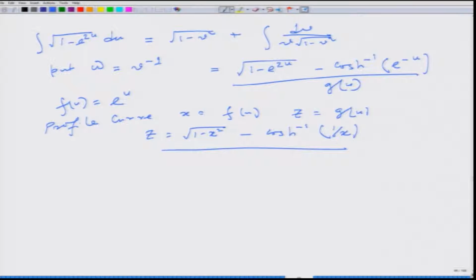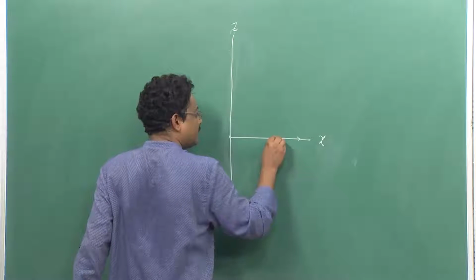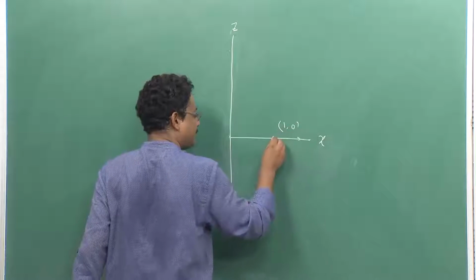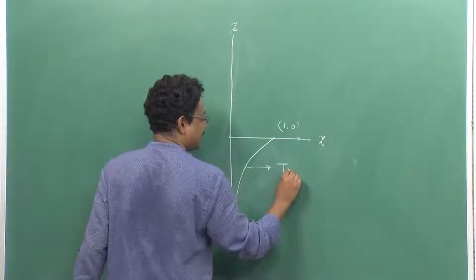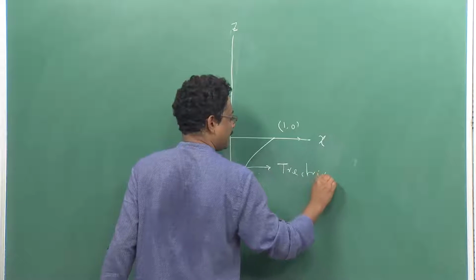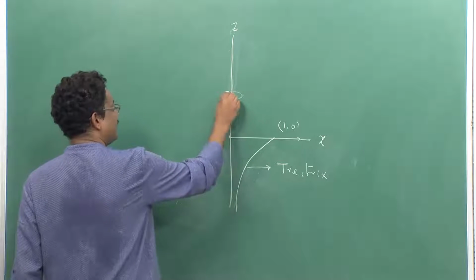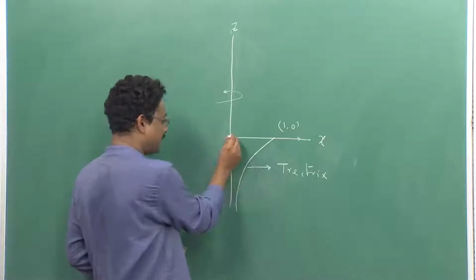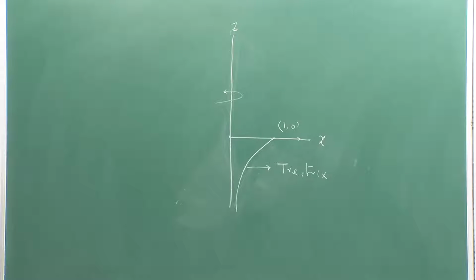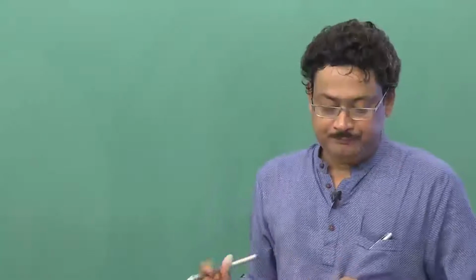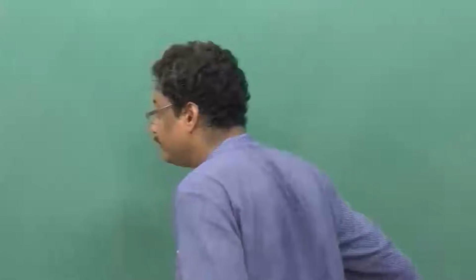So this curve passes through (1, 0) in the xz plane, and such a curve has a name, it is called the tractrix. I am not drawing the y axis here, because drawing becomes difficult in that case.